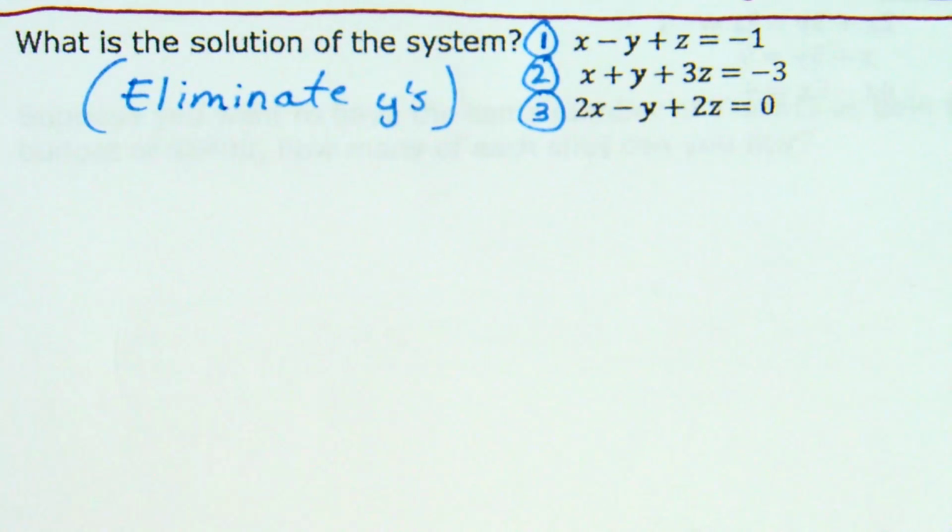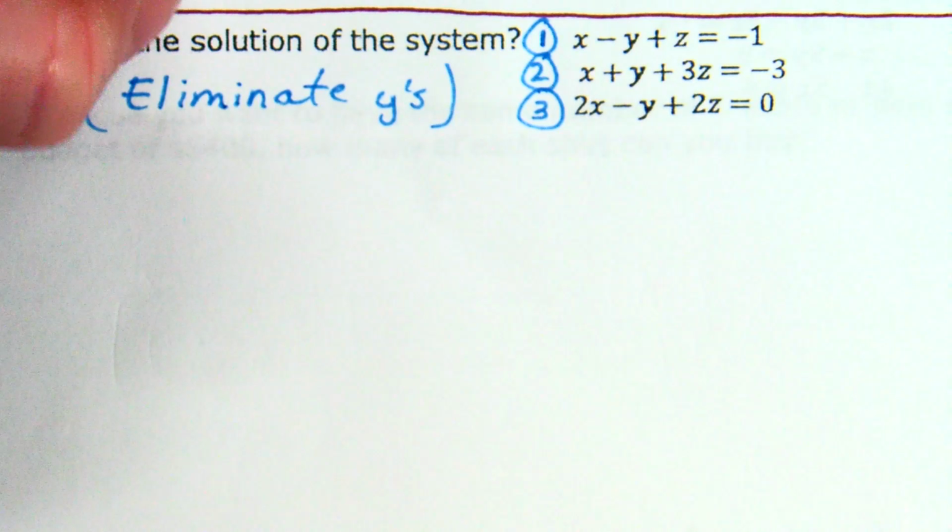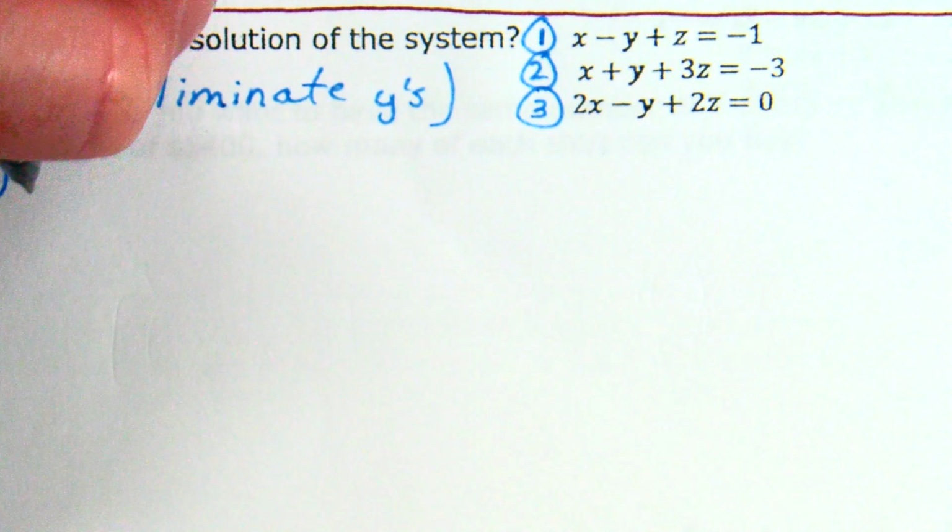Okay. Pick 2 equations, right? What 2 equations do you want to start with to eliminate y? 1 and 2 are set up pretty nicely, right? There's a minus y and a plus y. So we've already got same numbers, opposite signs. So I'm going to write my 1 and 2 out.